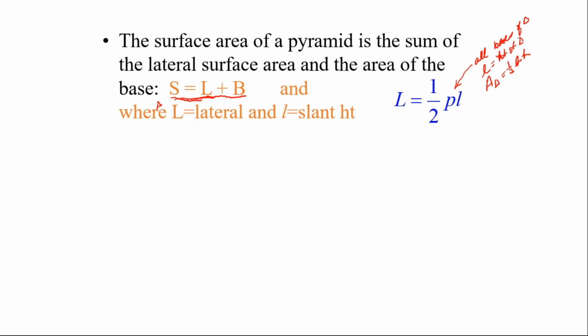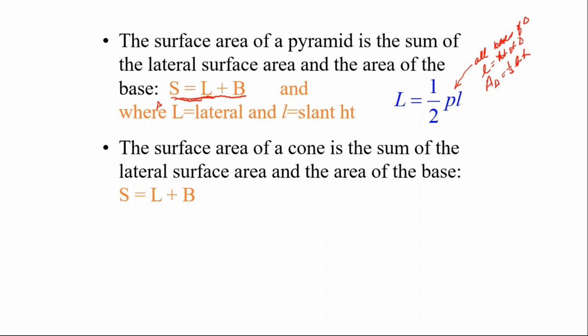And guess what? On a cone, lateral plus one base. The difference is this is a circle. This is a polygon.